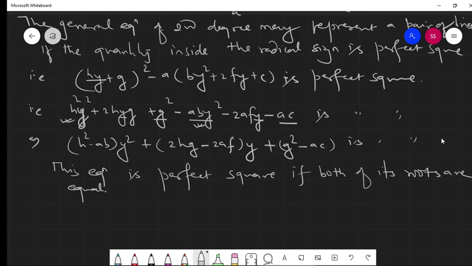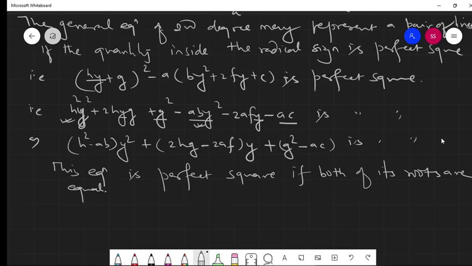This is not a perfect square, but x minus 5 times x minus 5, that is x square minus 10x plus 25, which is x minus 5 whole square, is a perfect square. So both the roots should be equal. So to be a perfect square, in terms of y square, we have to judge that b square minus 4ac equals 0.